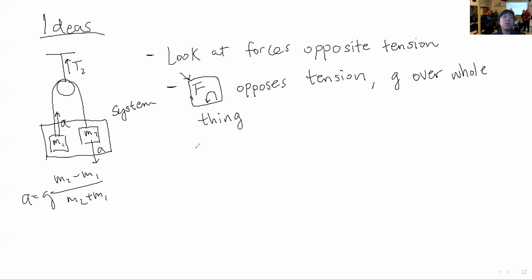Right, so this should be equal to M1 plus M2, the mass of the entire system, times A. Because this force is causing your entire system, which has a mass of M1 plus M2, to move at an acceleration of A, where A is equal to G times (M2 minus M1) over (M2 plus M1), right?